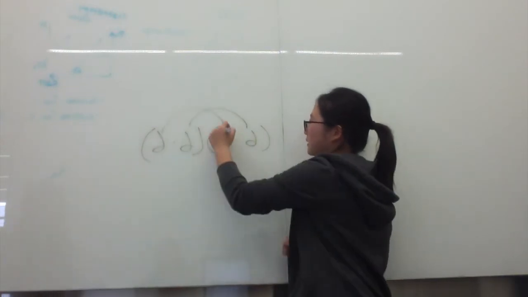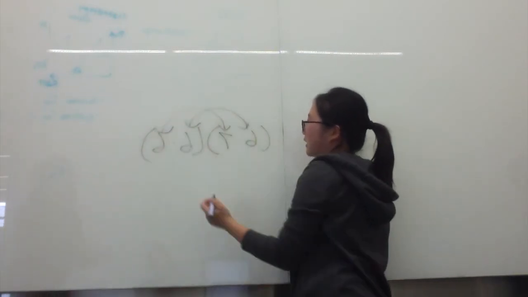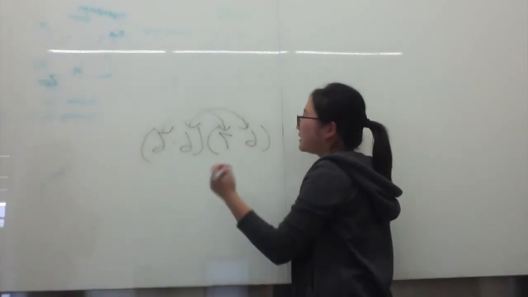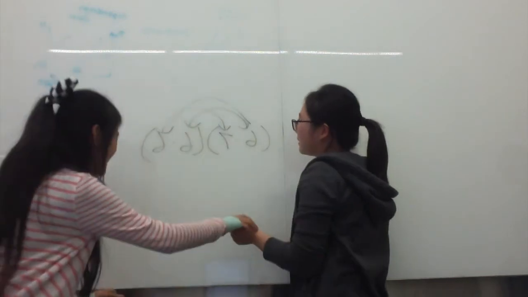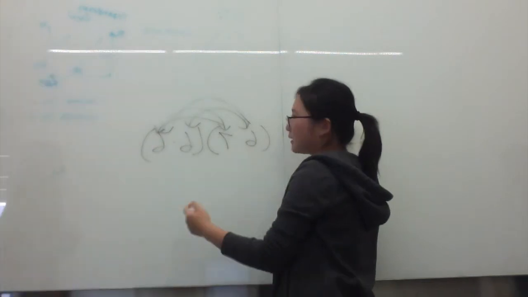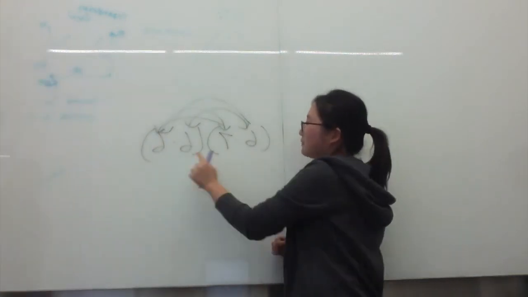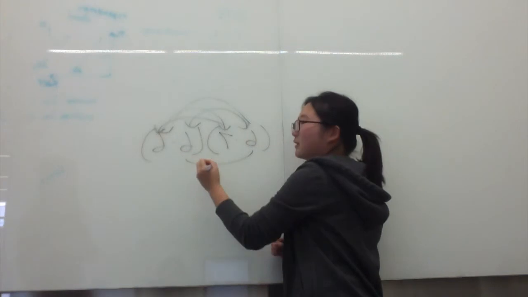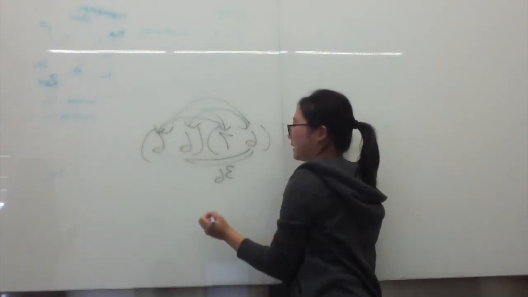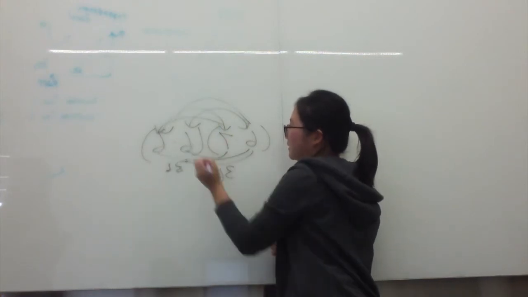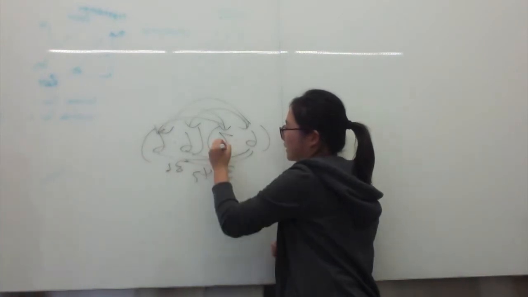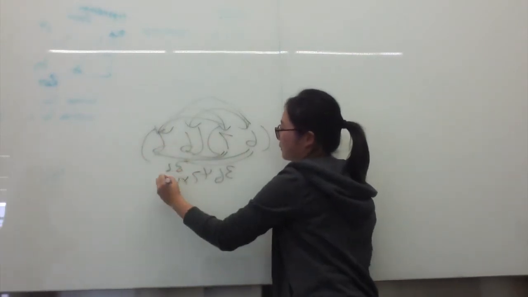Okay, 6 times 6 equals what? 36. 6 times 6 equals 36. 7 times 6 equals 42. And 7 times 6 equals 42.